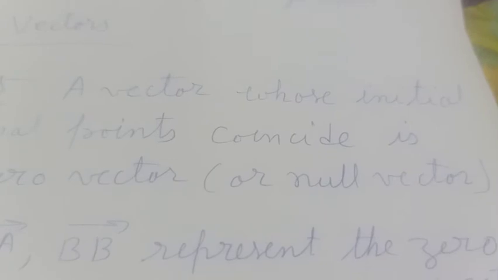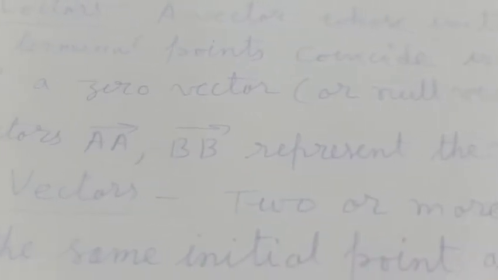Types of vectors. The first is the zero vector. A vector whose initial and terminal points coincide is called a zero vector or null vector.